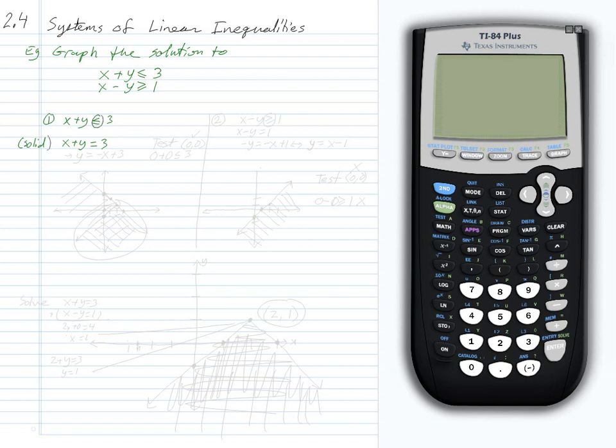So what would that look like? Well, if we move x over to the other side, another way of writing this would be y equals negative x plus 3. So we're going to have our y-intercept at a height of 3, and we're going to have a slope of negative 1.